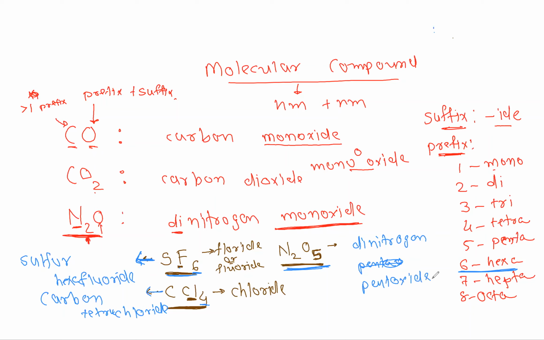Professor, so anytime we see the O, instead of oxygen, it's oxide? Yes. If we are talking about a molecular compound and the second element is oxygen, then it is always going to be oxide.